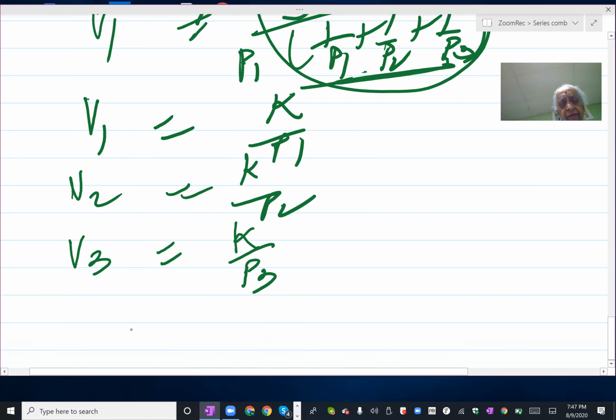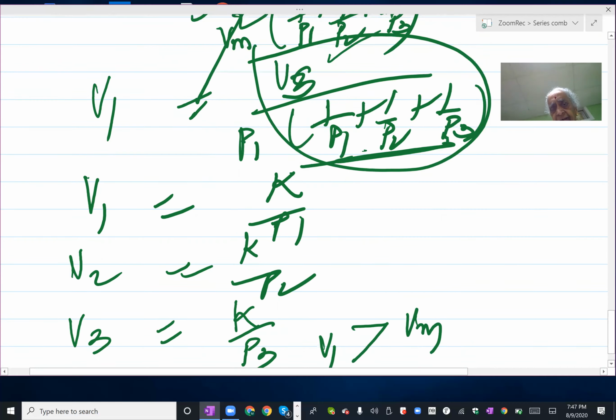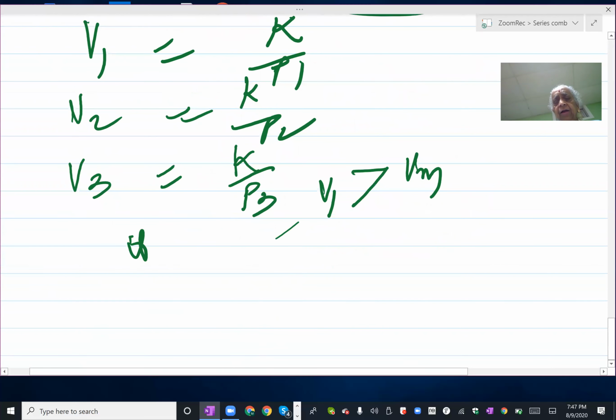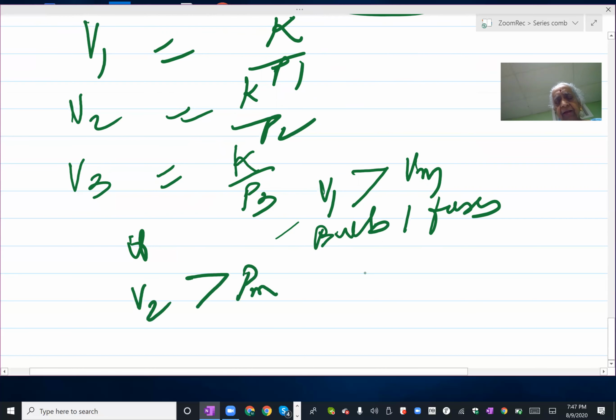Now, if V1 is greater than V marked, you will find that bulb 1 fuses. If V2 is greater than V marked, then bulb 2 fuses.